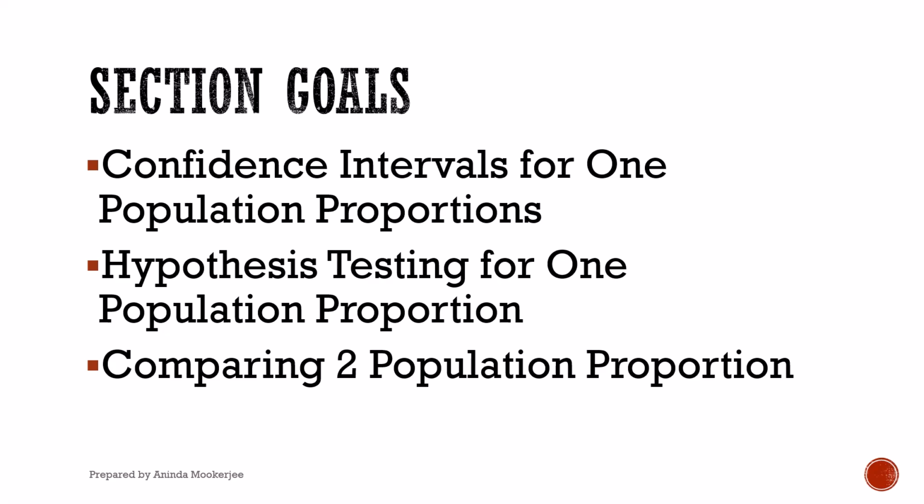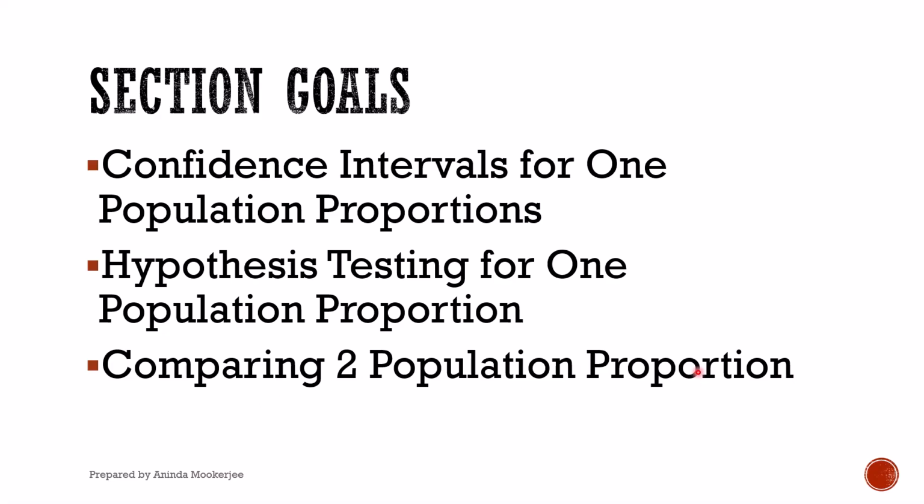So as part of the inferential study, these are the topics that we are going to cover. Confidence intervals for one population proportion, then we'll talk about the hypothesis testing for one population proportion, and later on we will talk about comparing two population proportions, and that may go into another lecture.